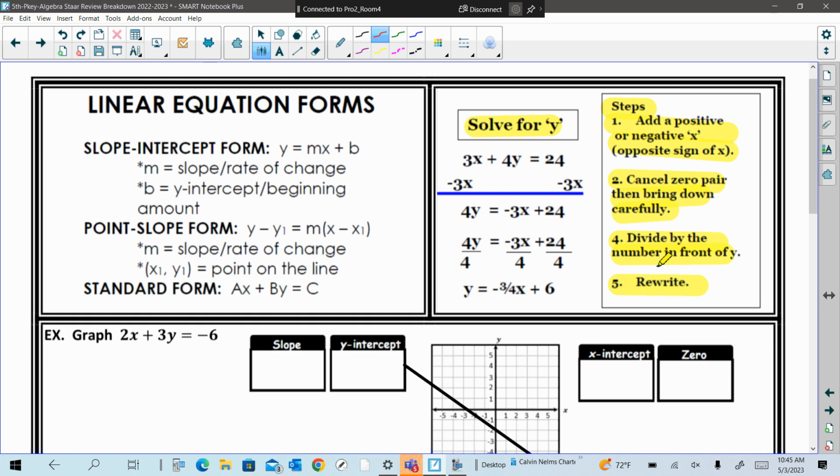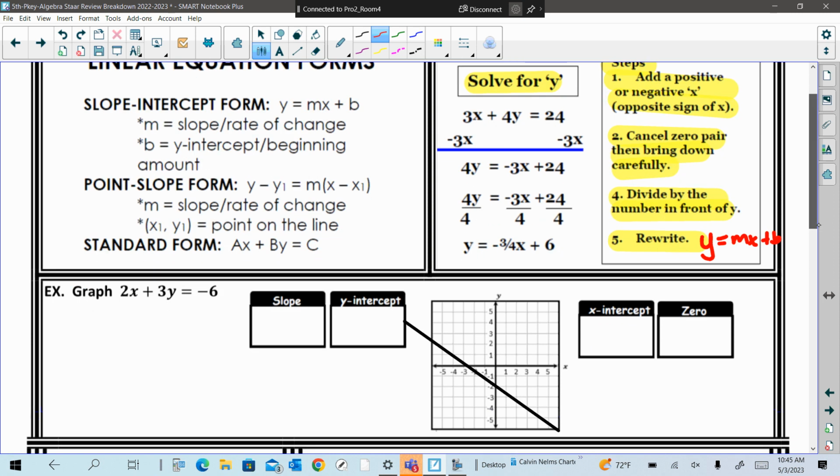Memorize what to do: add a positive or negative x, basically the opposite sign of x, cancel the zero pair, carefully write them down, divide by the number in front of y, and rewrite so it's y equals mx plus b. We're going to practice this skill because it's very important on this objective.